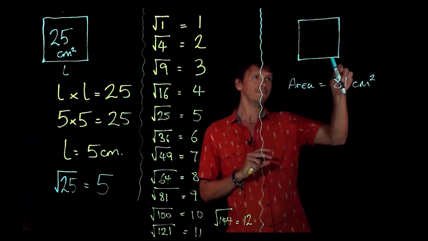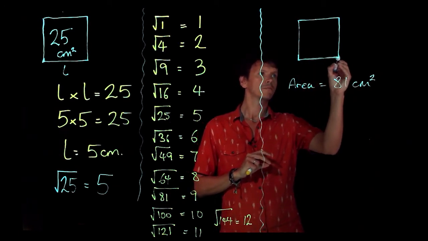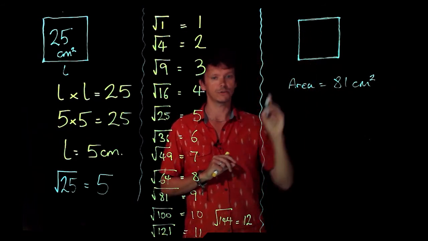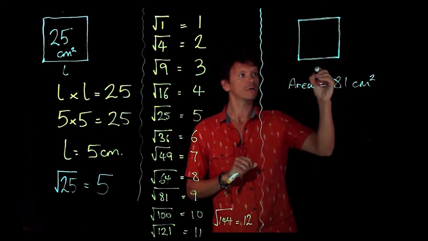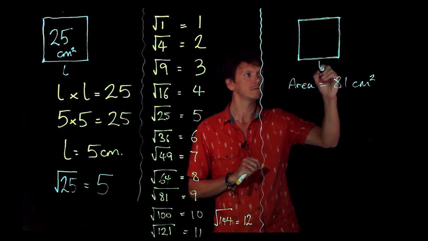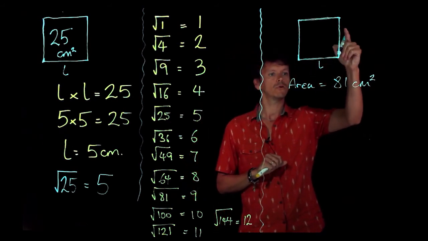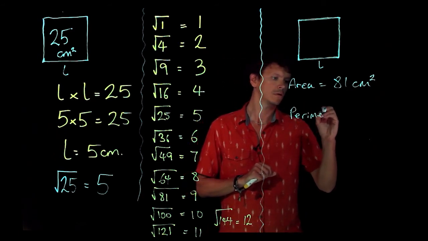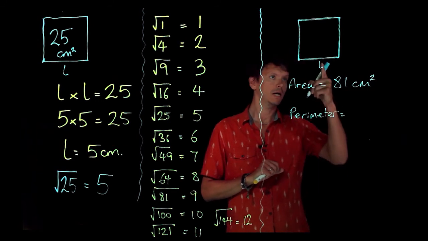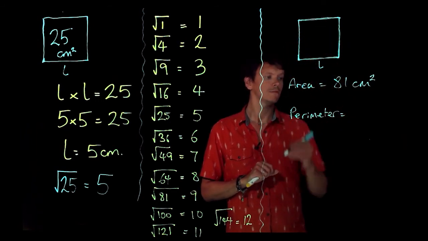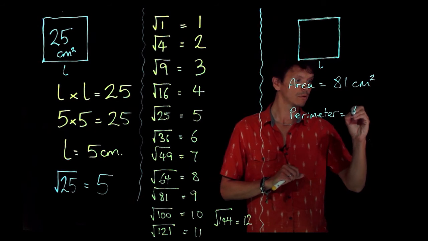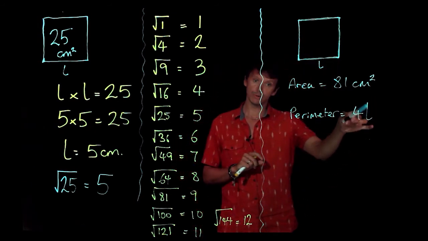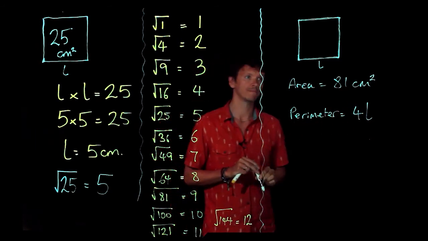To find the perimeter, of course being the distance all the way around the outside of the shape, and we know if we've got a side length of L, our perimeter therefore is L plus L plus L plus L, or 4 times L, which I'm going to write as 4L. So to find our perimeter, we need to find L first.